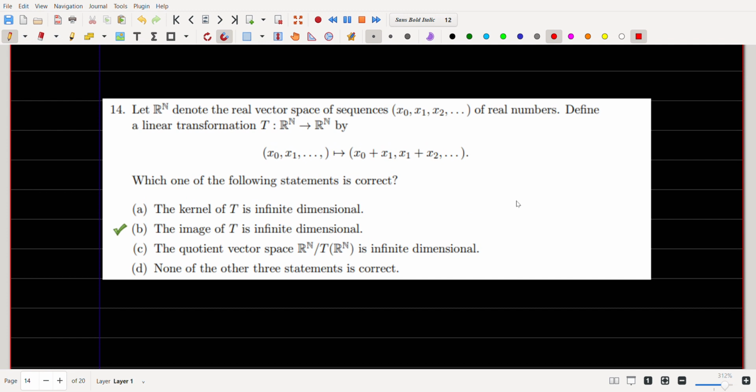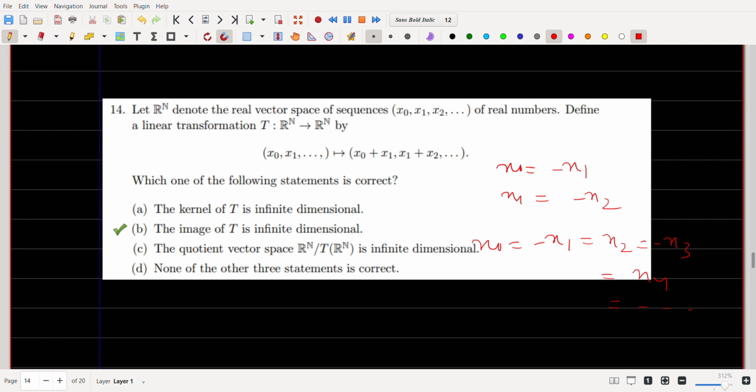So R power N denotes the real vector space of sequences x0, x1, and so on of real numbers, and we define a linear transformation. This you can easily see. So what is the kernel? If you take the kernel, x0 equals minus x1, x1 equals minus x2, that will imply x0 equals minus x1 equals x2 equals minus x3 equals x4, and so on, right?